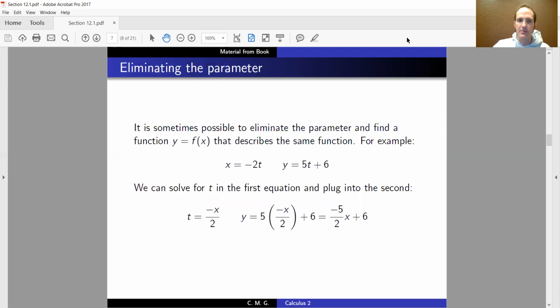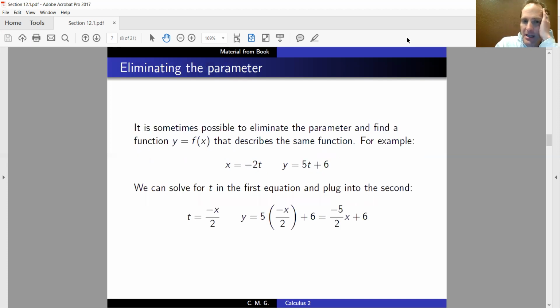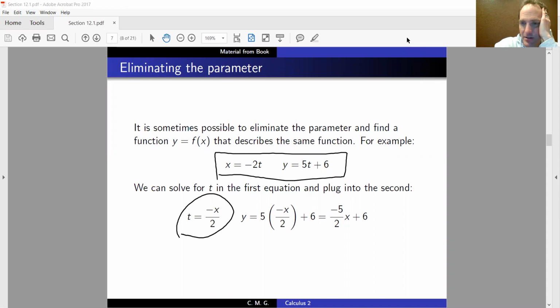Speaking of which, that's kind of what I want to do next, is to think, how do I figure out what the curve is that I'm trying to map out? So I'm going to give you a parametric equation here: x equals negative 2t, y equals 5t plus 6. How do I figure out what this is mapping out? Well, it turns out I can solve for the t in one of my 2 equations. In this case, I'm going to solve for t in the first equation.